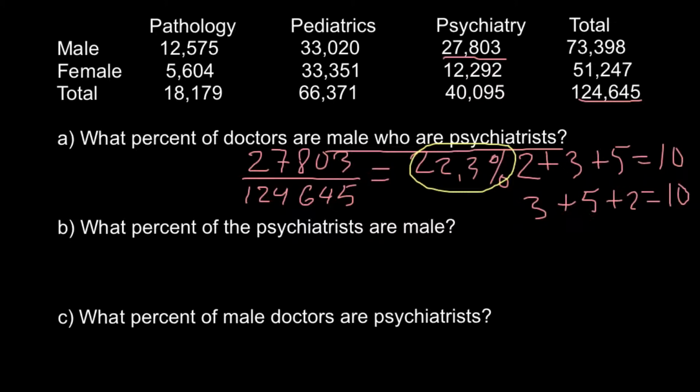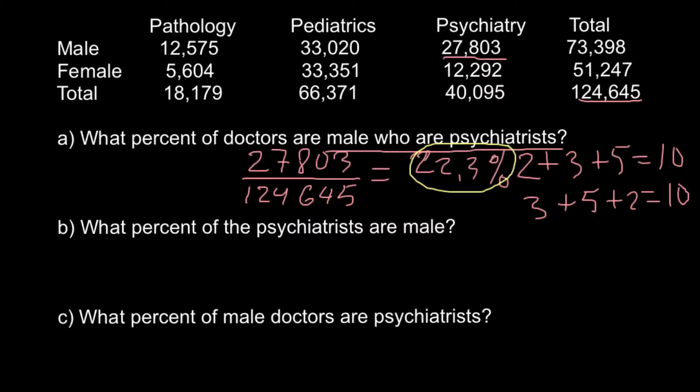A portion will always be smaller than 1, because half an apple is 0.5. It cannot be more than a whole apple.